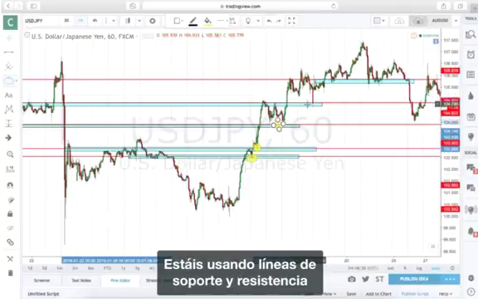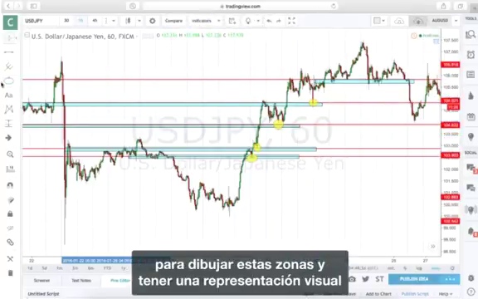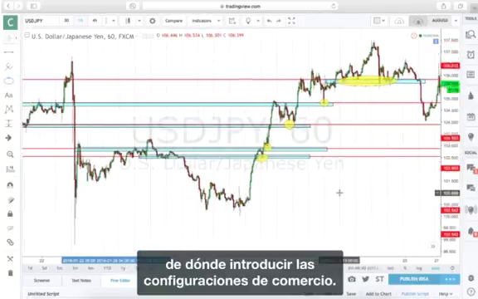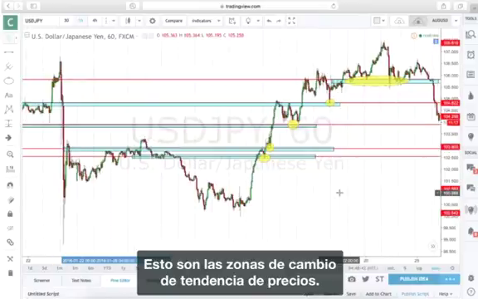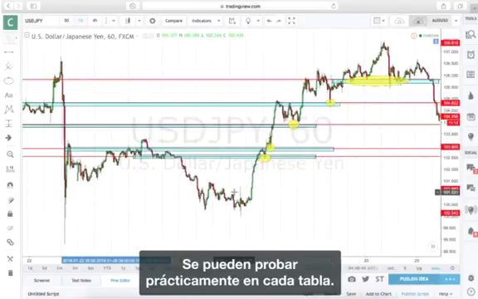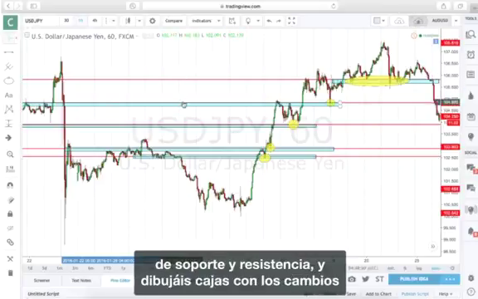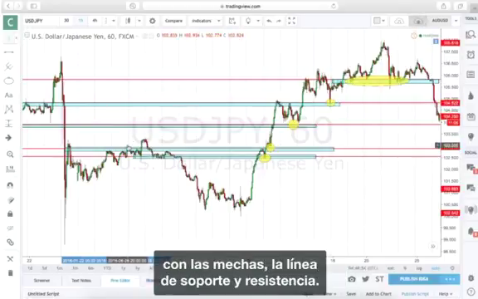You're using the support and resistance lines to draw these zones up so you can have a visual for where you could enter the trade setups. These are pretty much the price reversal zones. You can test it in every single chart, utilizing the support and resistance lines and drawing the price reversal boxes around the wicks around the support and resistance lines.